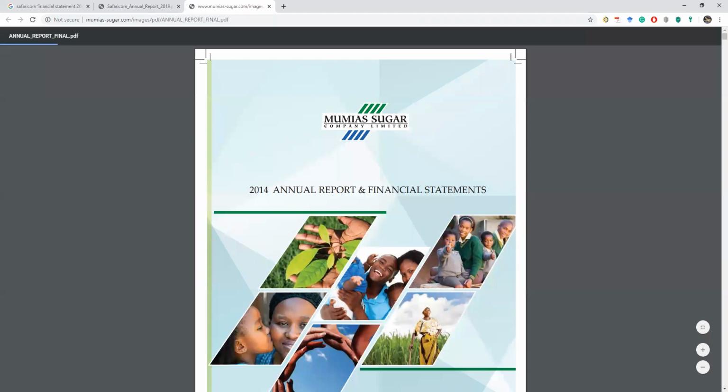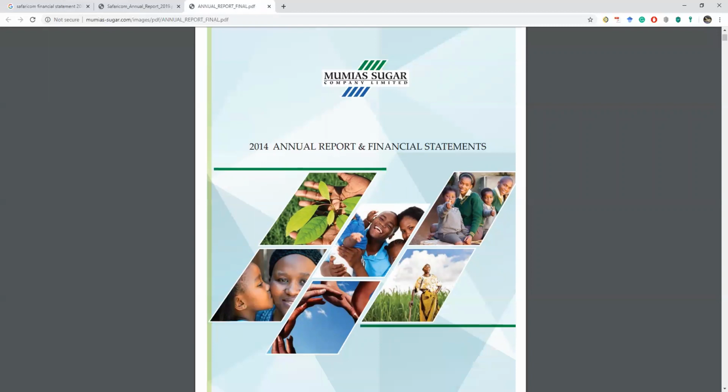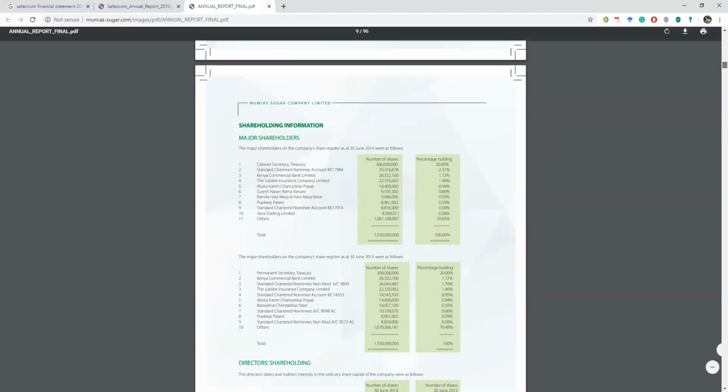However, there is an emphasis of matter. There is something the auditor is trying to emphasize to the users. The accounts of the company do present a true and fair view. However, we think it is important for the shareholders to become aware of a certain matter, so you emphasize. Let's go through it to see what we mean by an emphasis of matter.